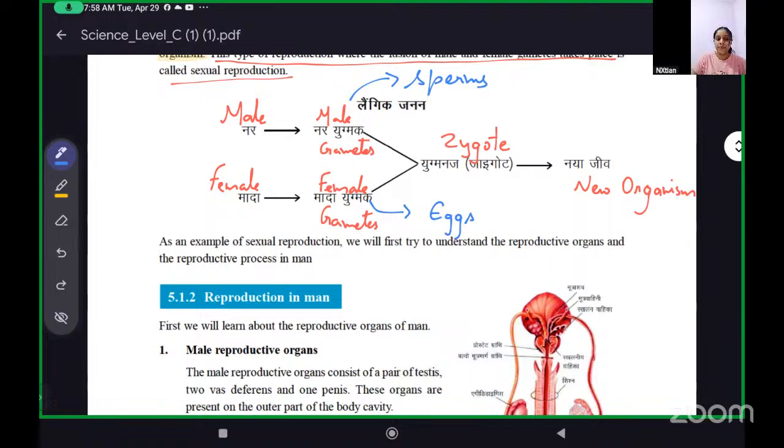Now, their fusion takes place. A sperm and an egg, when they fuse together, what is formed after the fusion is known as a zygote. This zygote then develops into a baby inside the body of a woman, inside the female body.